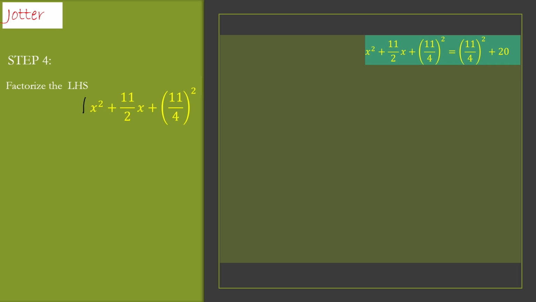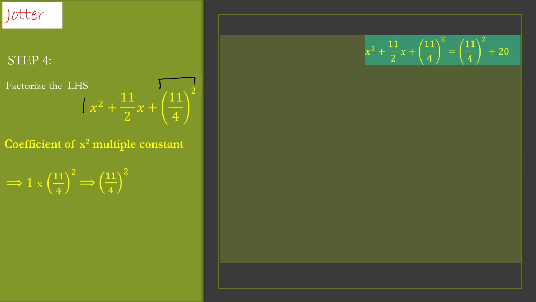So we look for the products of the coefficient of x squared and the constant. And the constant is this here. So that is the coefficient of x squared, which is 1, times the constant. That's 1 times 11 over 4 bracket square.